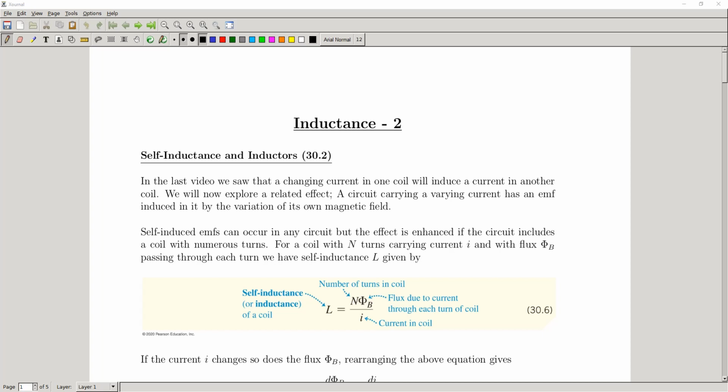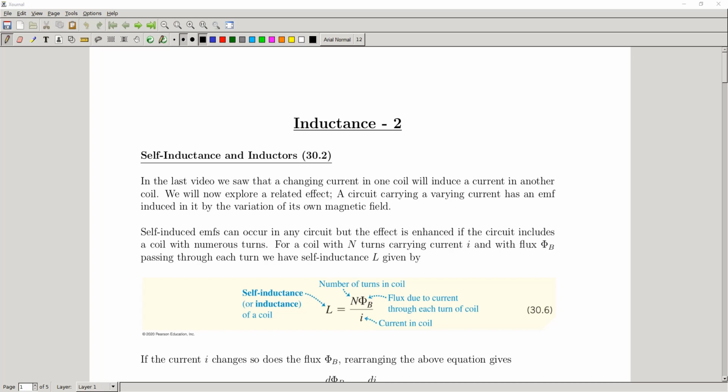Okay, so self-induced EMFs can occur in any circuit, but the effect is definitely enhanced in circuits where you have coils with a number of turns, or something that mimics coils with a number of turns. So you have to be careful for that reason, right?